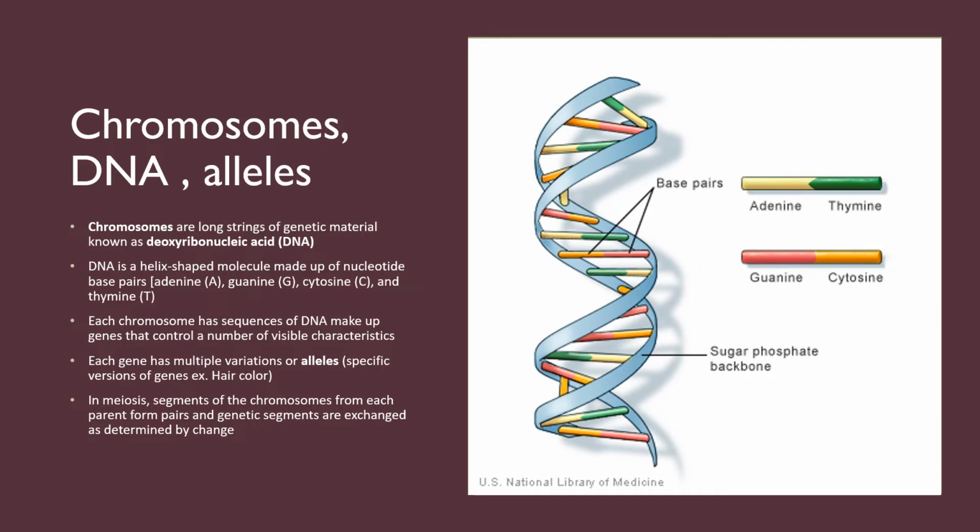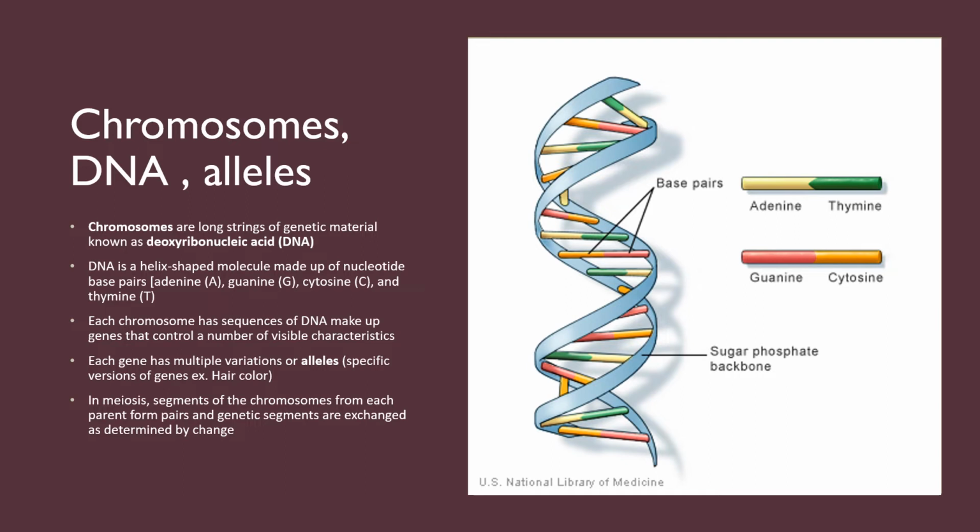So we have chromosomes. These are the long strings of genetic material known as DNA, no? Deoxyribonucleic acid. So DNA is a helix-shaped molecule made up of nucleotide-based pairs. We have adenine, guanine, cytosine, and thymine. Each chromosome has sequences of DNA that make up genes that control a number of visible characteristics.